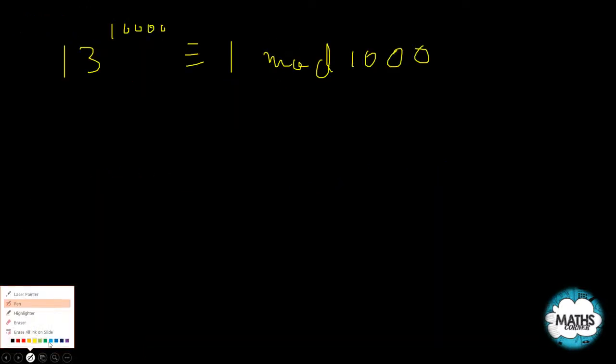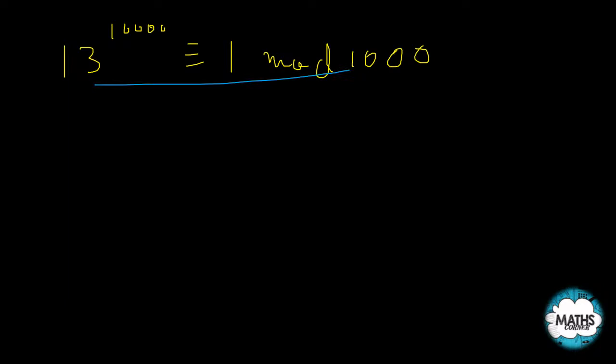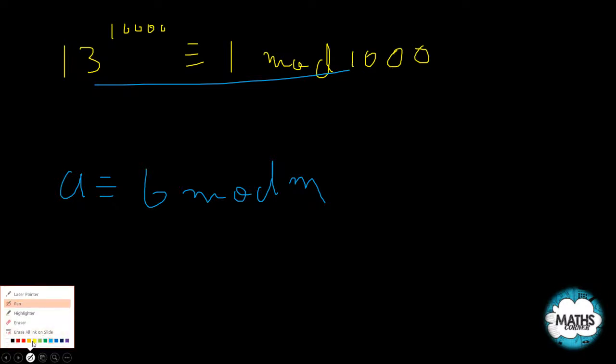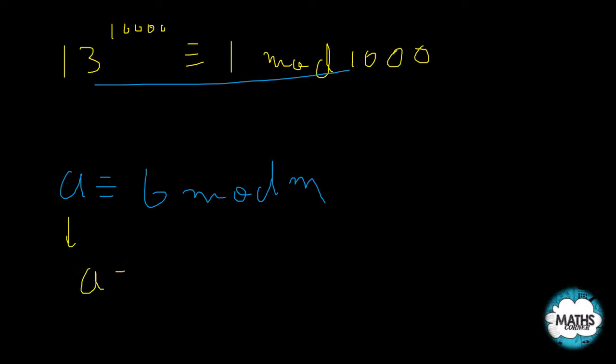So I will do one thing. I will again use the property of modular arithmetic that if a is congruent to b mod m, then I can add any multiple of m to the right hand side. So if this is true, then a should also be congruent to b plus some multiple of m, mod m.